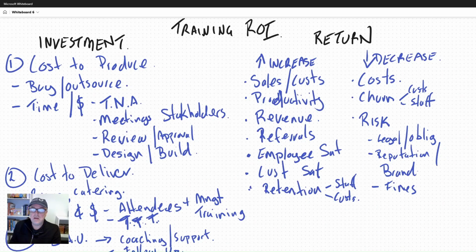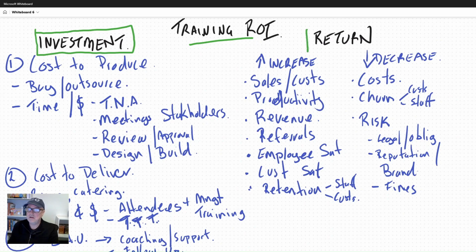So, our training return is made up of what it costs to produce and deliver our training compared to what is either increasing or decreasing as a result of the training. However, right now we don't know how to actually understand the return that we are getting.